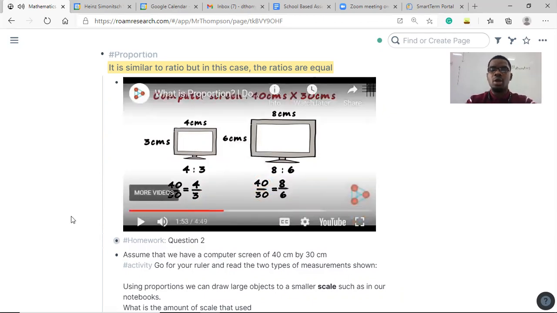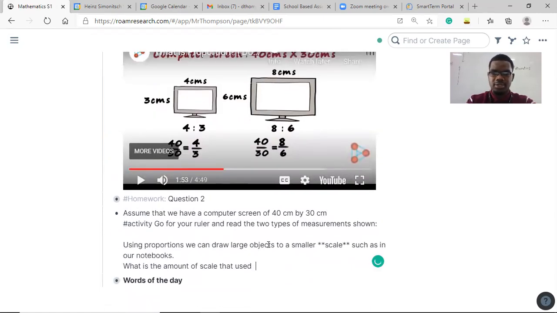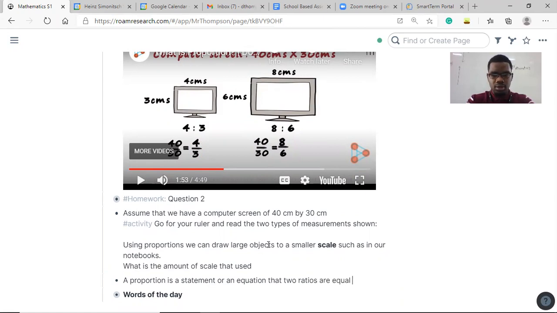Okay, so now we're going to form a definition for our proportion. Let's understand now using the definition of proportion. So a proportion, therefore, is a statement, or an equation, that two ratios are equal, or put it in bracket, equivalent.